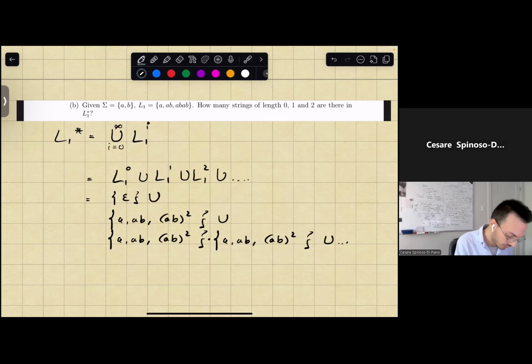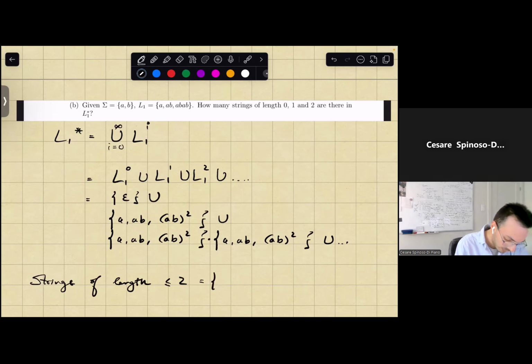Okay, so that's a nice first observation, so that I don't have to find a closed form and think more carefully about where the strings of length 0, 1, and 2 are. Instead, I can just stick them in a set here: strings of length at most 2.